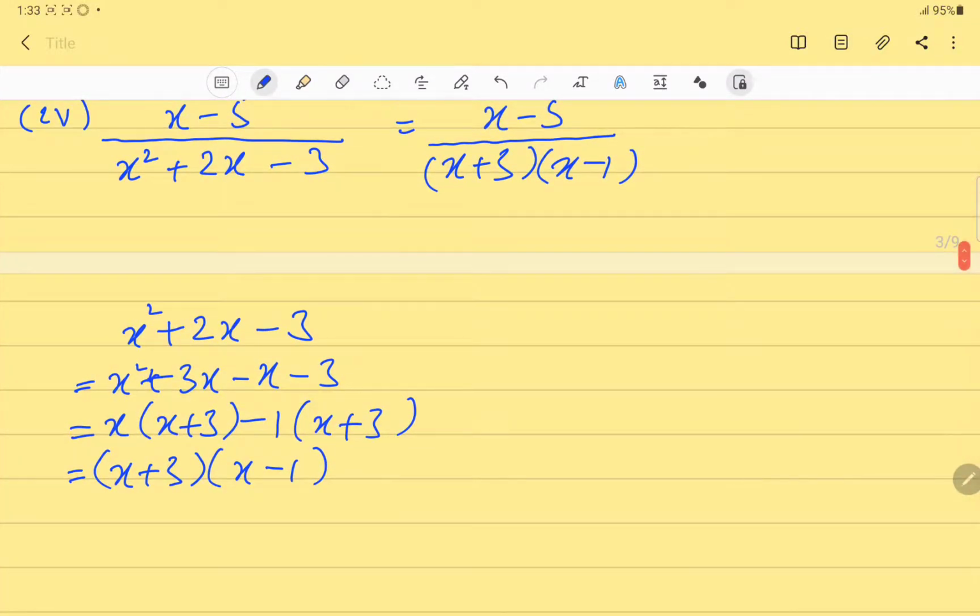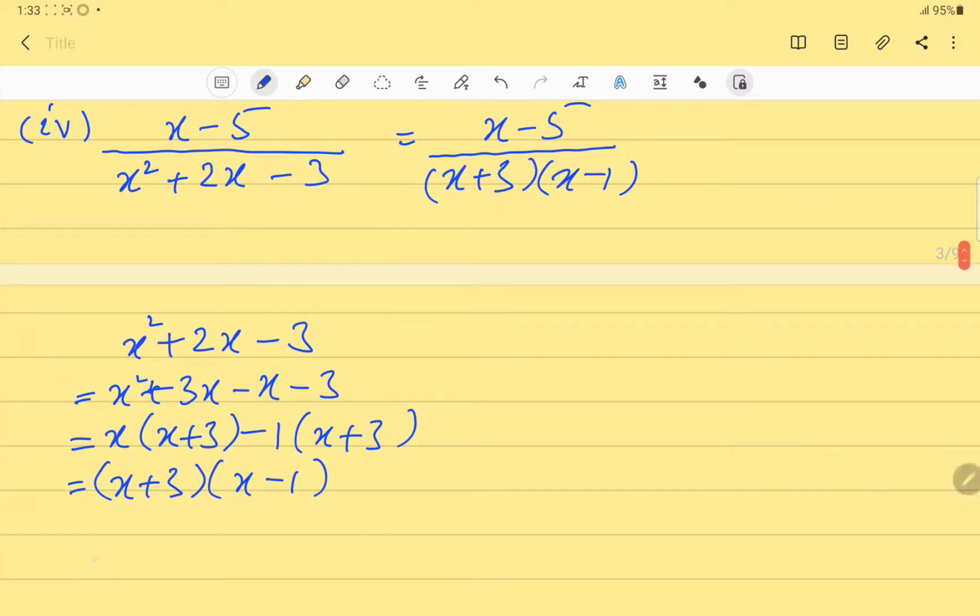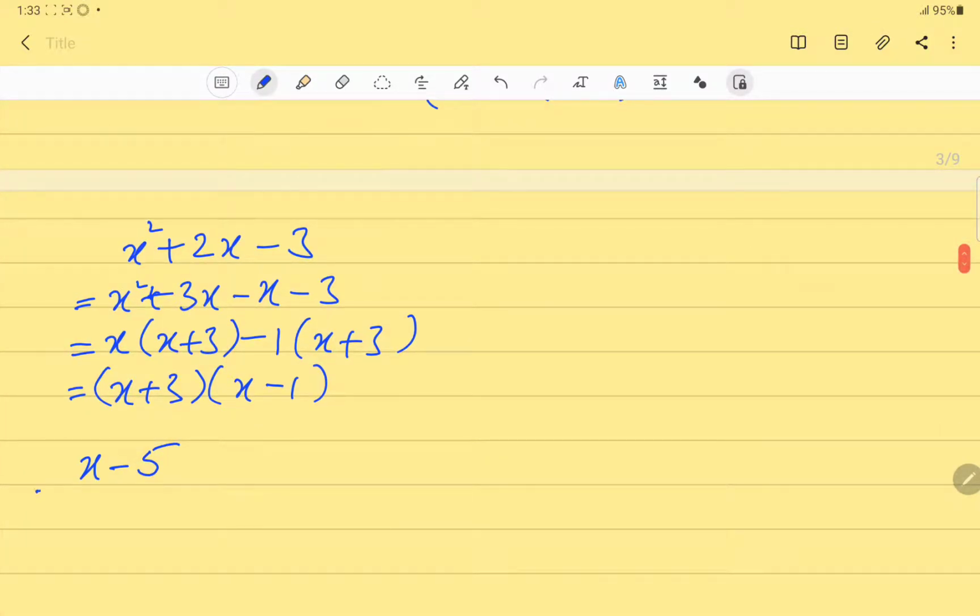Okay, the fraction is x minus 5 over x plus 3 into x minus 1.